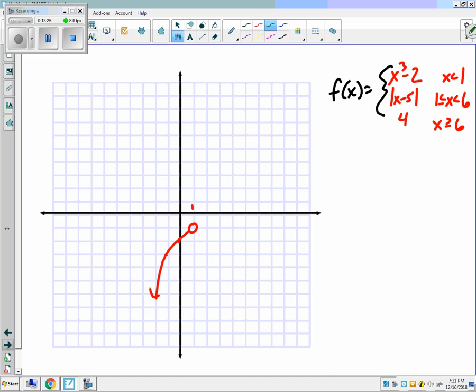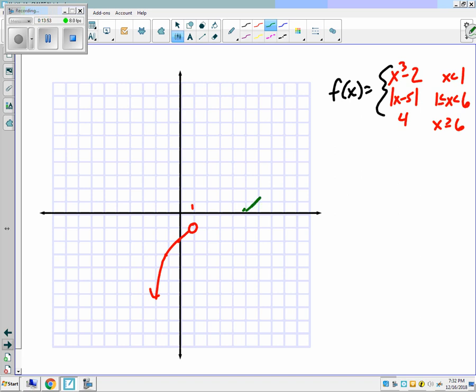All right, awesome. Absolute value. What does absolute value look like? A v, right? So I'm going to come over 1, 2, 3, 4, 5. I'm going to draw a v.